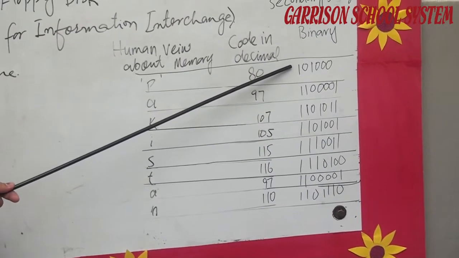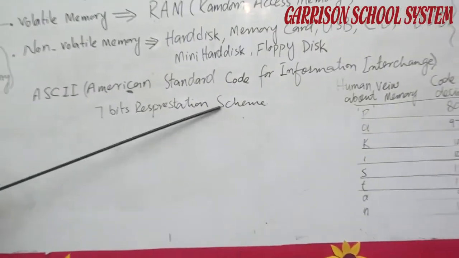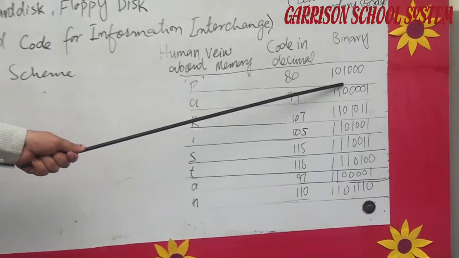All the binary numbers have 7 places, 7 bits. Here it is the 7-bit representation.